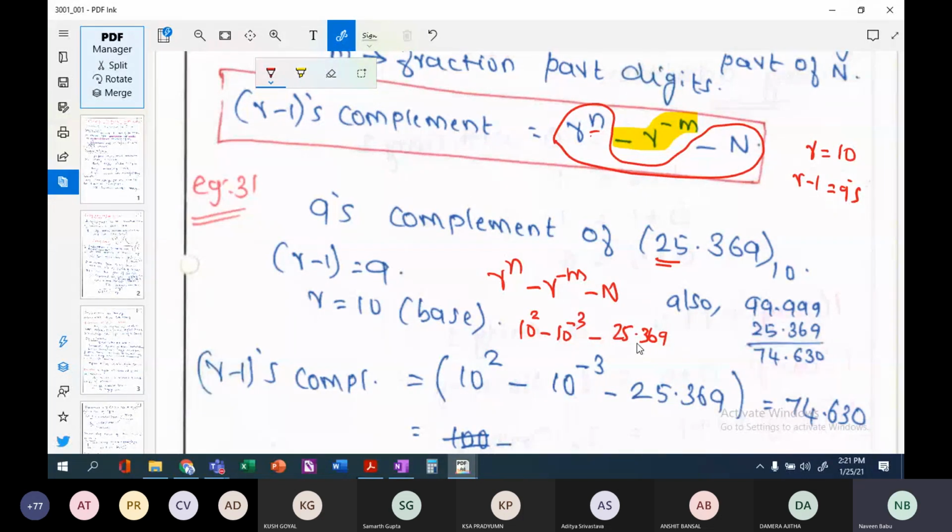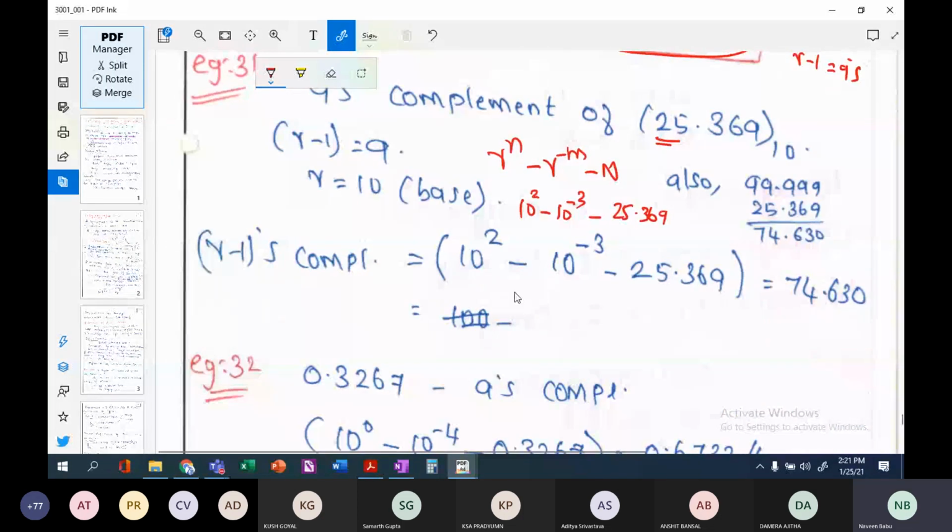So 100 minus 25.369, and then you have to again subtract 10 power minus 3, which is 0.001. So it looks slightly complicated, right? When you subtract this, you can add these two and subtract also.